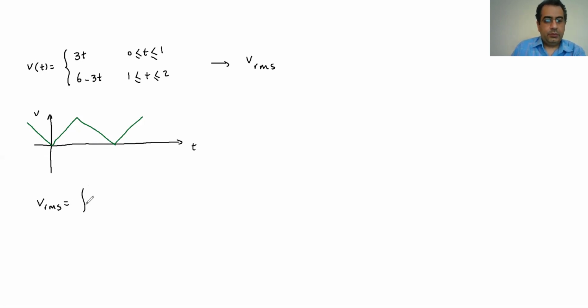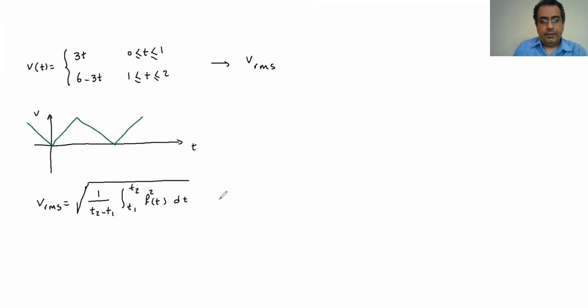integration. So we have to go ahead and say that what we have is going to be the square root of 1 over t2 minus t1, integral from t1 to t2 of f(t) squared dt.